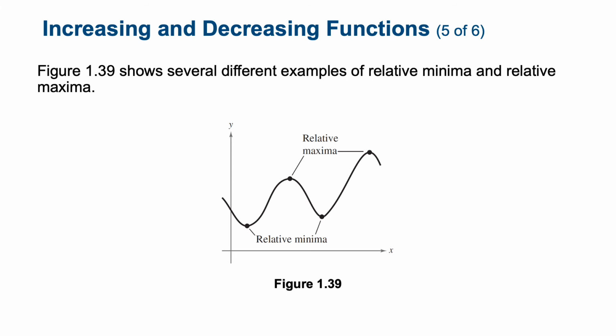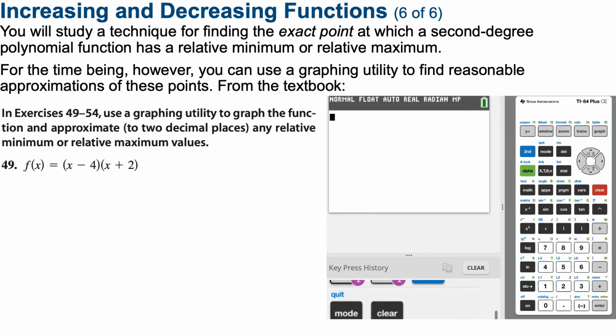Okay, so here you have this super fun looking function, which has a couple of humps. The relative minima, see it's down here, it's the bottom of the U shape. The maximum is the top of the hill. This one is the bottom of the U, and the maximum is the top of the hill. So relative minima and relative maxima are the plural forms.